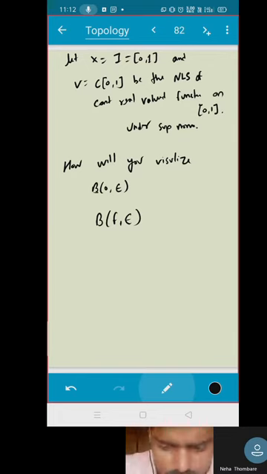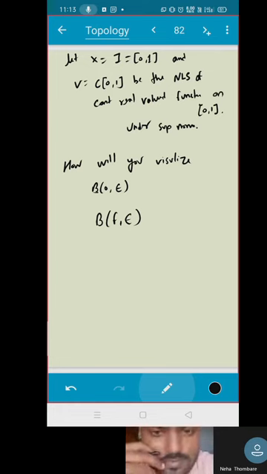Neha, what is the definition of B0 epsilon? Why are you guys taking so much time? What is the definition?